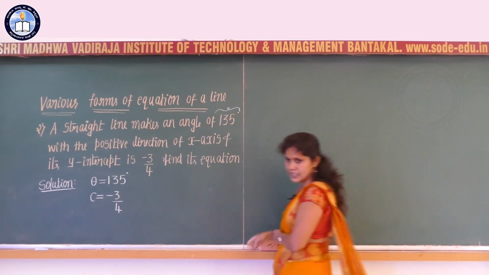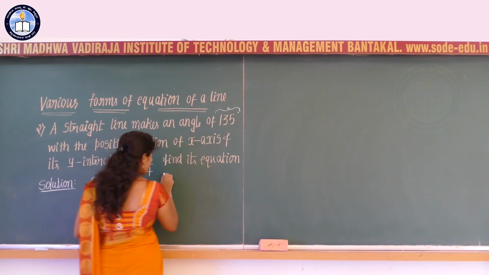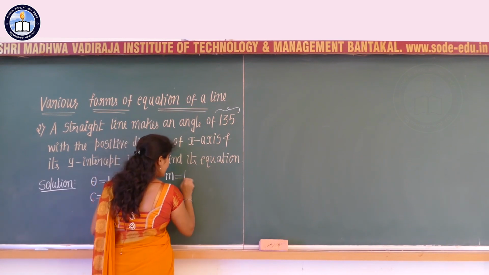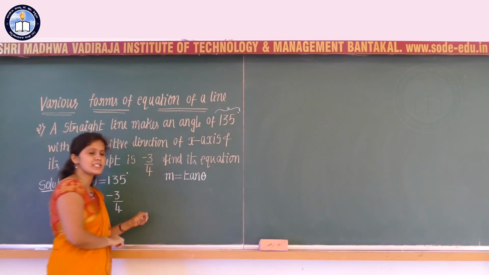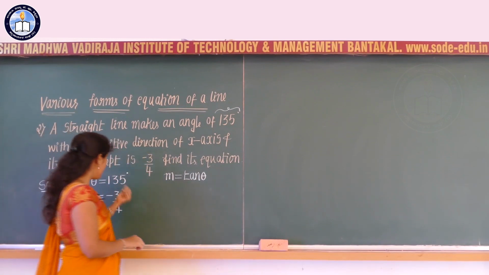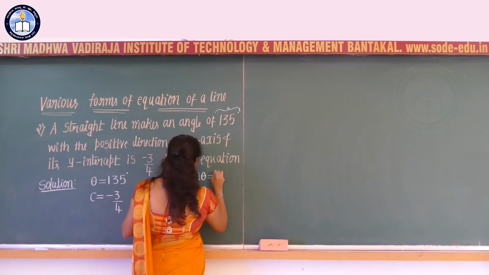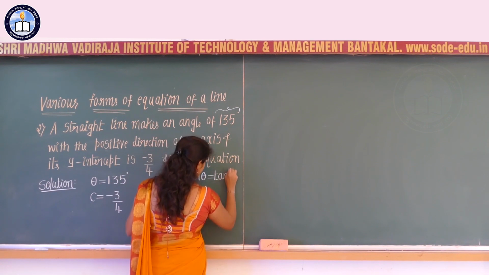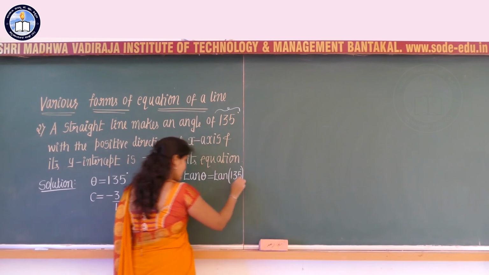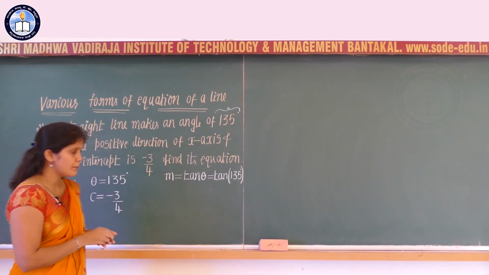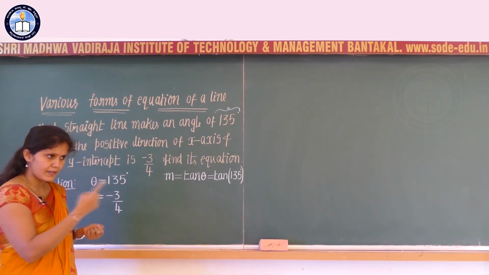If theta is given, then the slope is given by the formula m is equal to tan theta. We know that theta is equal to 135 degree. Therefore, theta is replaced by 135 degree: m is equal to tan 135 degree.